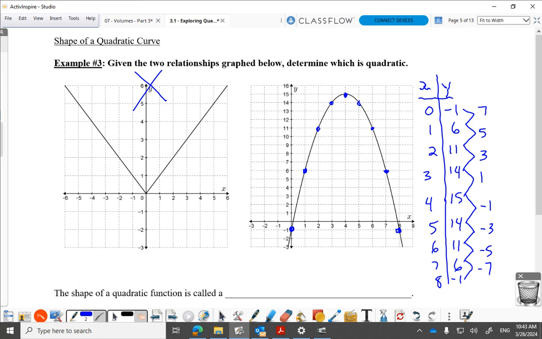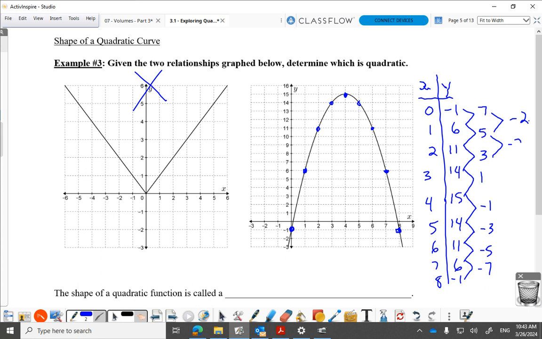But look what happens here. What's 5 minus 7? Negative 2. The negatives are going to matter here, so be careful. 3 minus 5? Yes, negative 2, good.